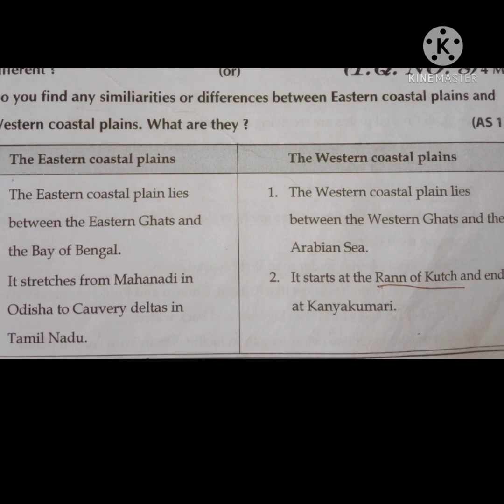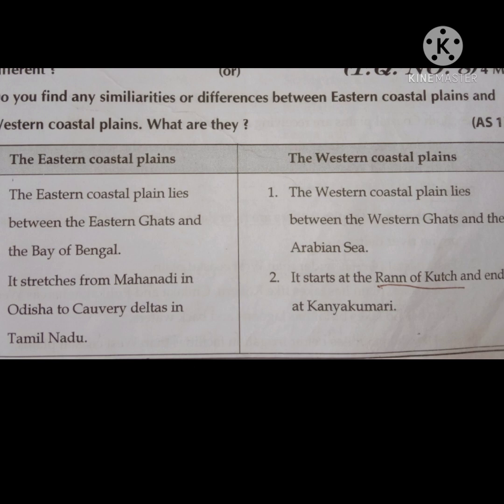How are the eastern coastal plains and the western coastal plains similar or different? The eastern coastal plains lie between the Eastern Ghats and the Bay of Bengal.